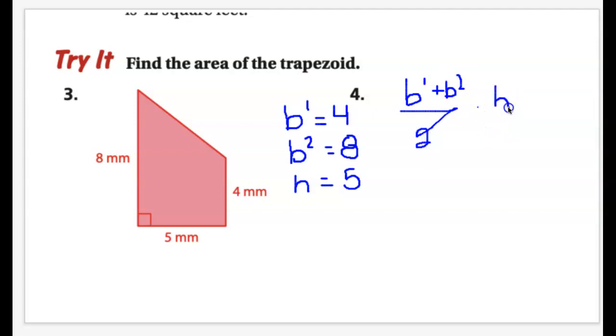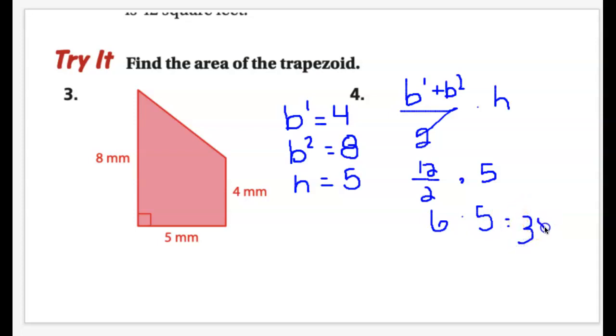So 4 and 8, we're going to substitute those in, and 4 plus 8, that sum is 12. We're going to divide that by 2 and multiply that by 5, which is the height. So 12 divided by 2 is 6, and the product of 6 and 5 is 30.